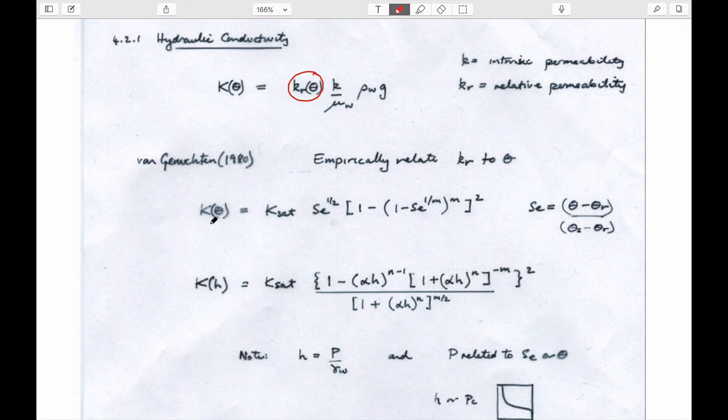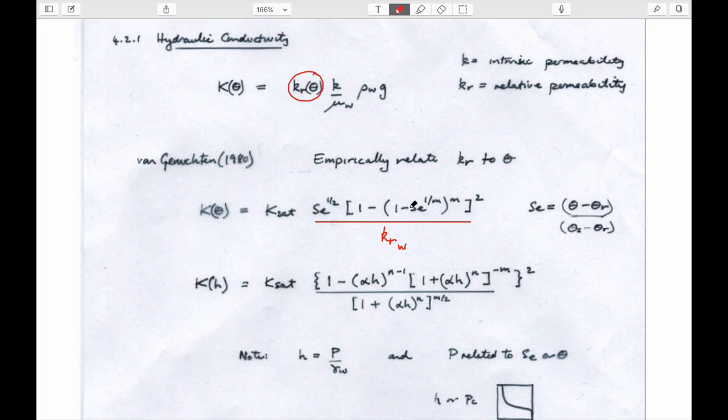And so what we can do is define this value here, which is non-dimensional, we could calculate it as a function of this. This term here is what we've called relative permeability and relative permeability of the water.